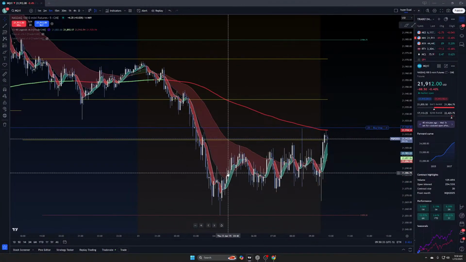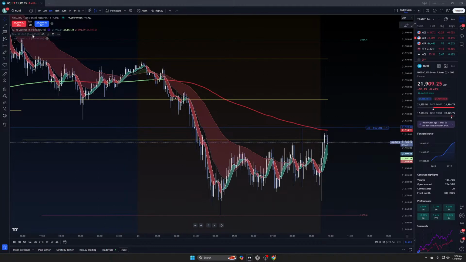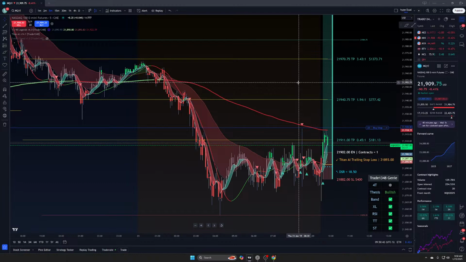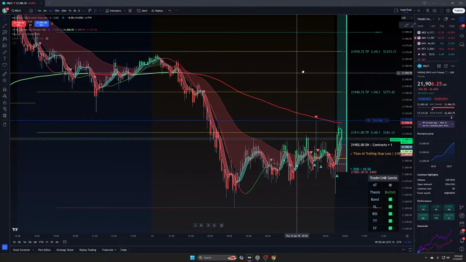Again, the evolution of 1348 is designed to keep a trader safe, right? So the trade is bearish here, right? Let's add a layer, okay? So now what we're going to do is we're going to add Titan AI. Now, Titan AI tells you very much the same thing. It is an additional layer of confluence.